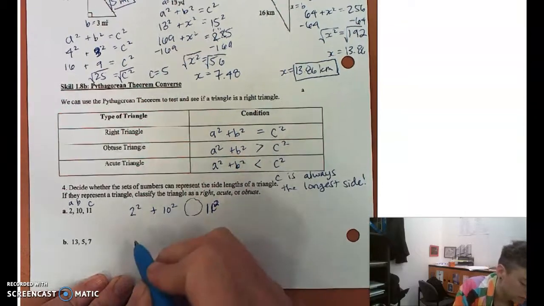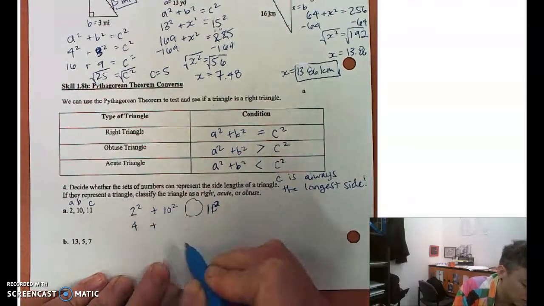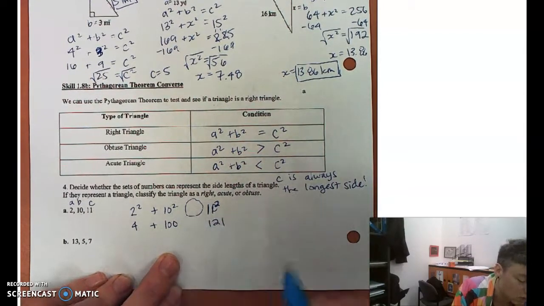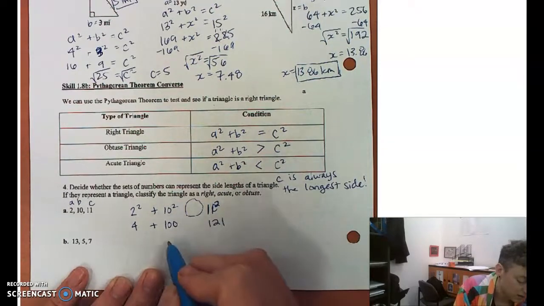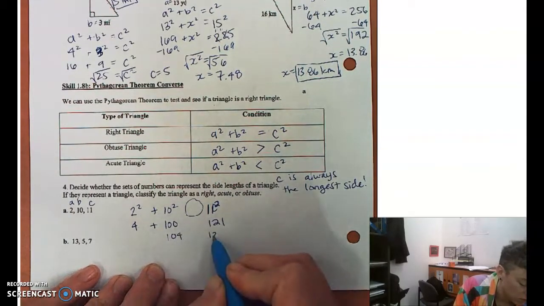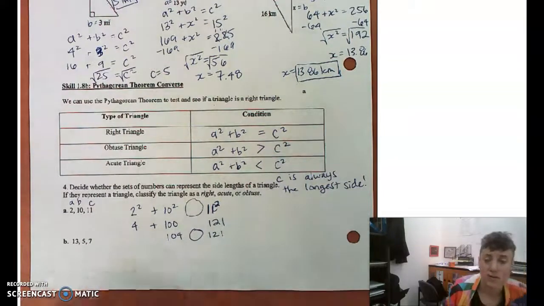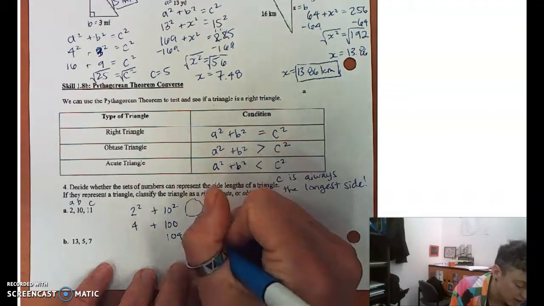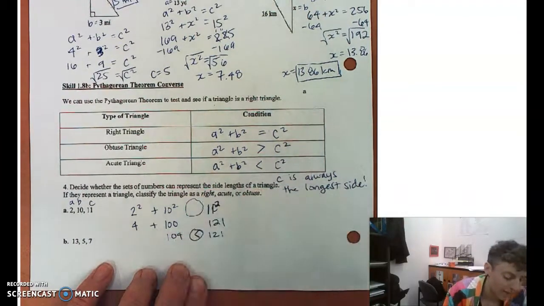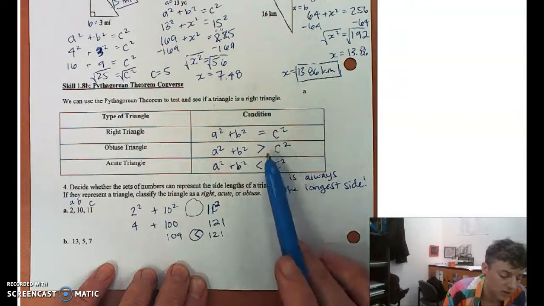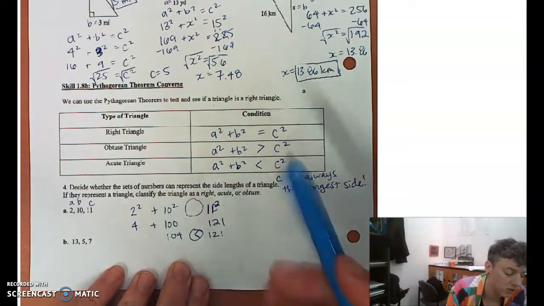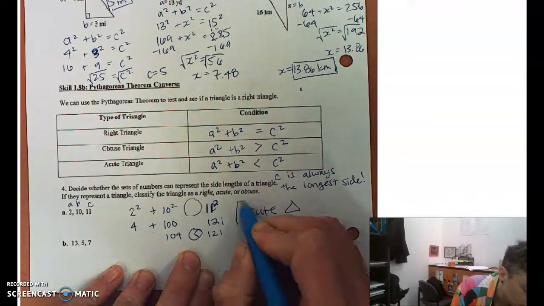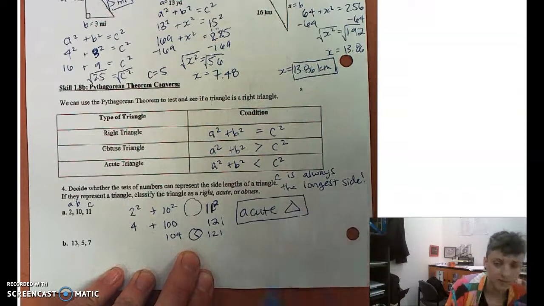What's 2 squared? 4. 10 squared? 100. 11 squared? 121. So when we add these together, we get 104 and 121. What sign goes in there? Well, 121 is bigger, so that alligator is going to try to eat that guy. So if we look up here at our chart, that means we have an acute triangle. Acute triangle. It's so cute, all its angles are tiny.